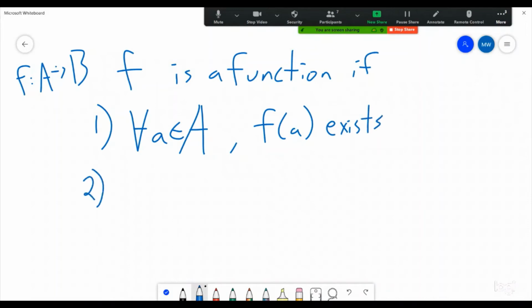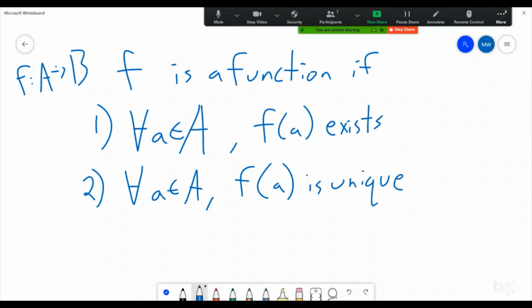And 2, for every A in A, f of A is unique. So you would have to show that those two things are true for an inverse relation to be an inverse function. If in your inverse relation there's some element in your new domain that doesn't go to anything, then it's not going to be a function. And if there is something in your domain that goes to more than one thing, it's also not going to be a function. It has to satisfy both of these requirements.